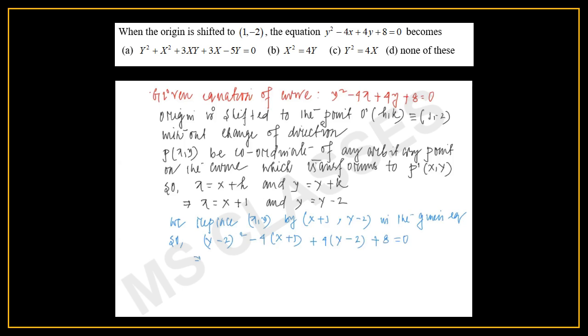We simplify this and get Y square minus 4Y plus 4 minus 4X minus 4 plus 4Y minus 8 plus 8 equal to 0. And we get Y square equal to 4X. This is the equation we get after the origin is shifted to the point 1 comma minus 2.